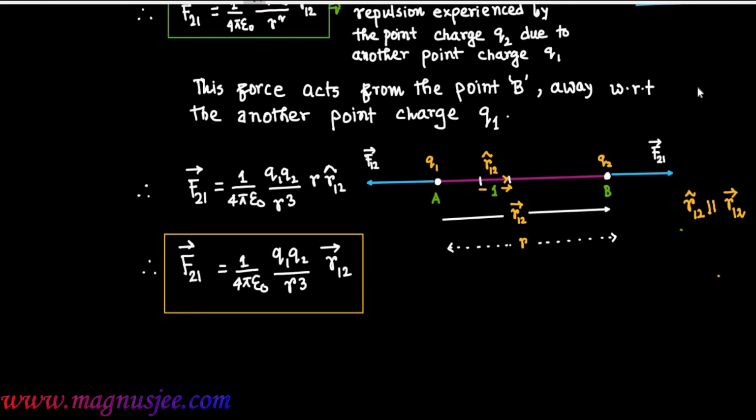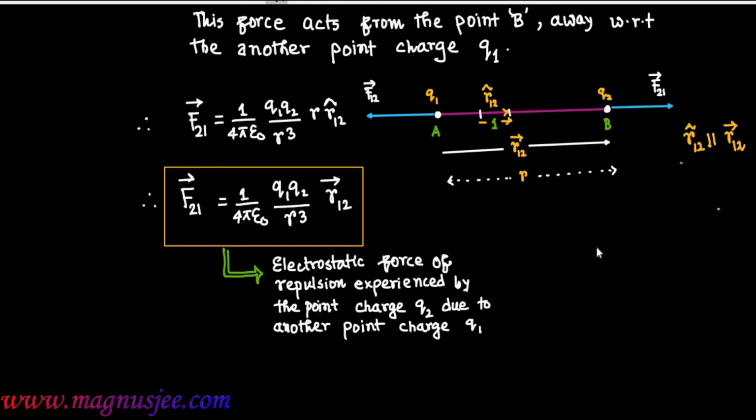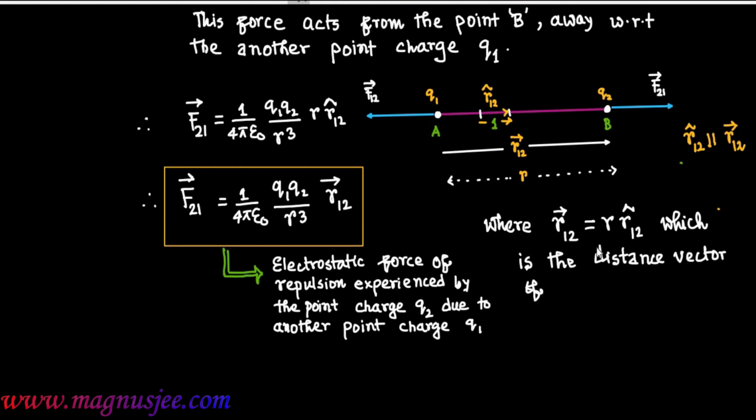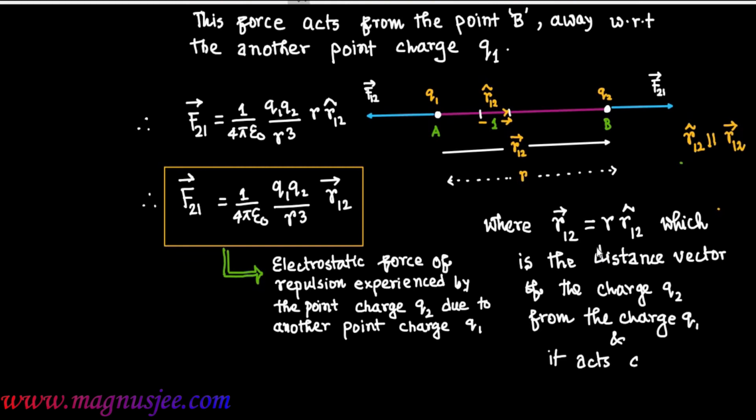Vector F21 is the electrostatic force of repulsion vector experienced by q2 due to the other point charge q1, where vector r12 is the distance vector of the charge q2 from the charge q1, and it acts along AB.